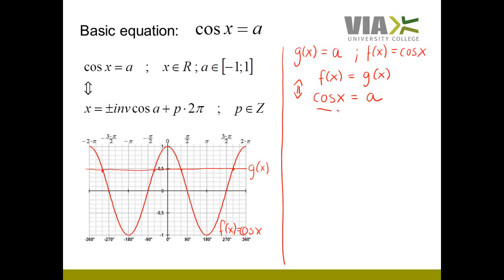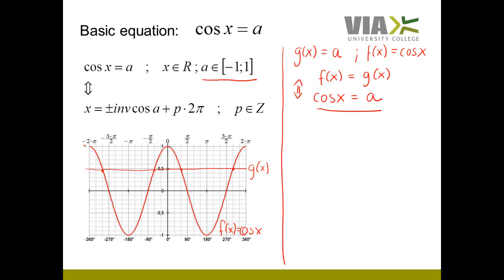If we can solve this equation here, we will exactly get the points of intersection between f(x) equals cosine x and g(x) equals a. And that's why we have this restriction to a here, that a has to be in between -1 and 1, because if a is lower than -1 or greater than 1, then they will never intersect with f(x) equals cosine x, as you can see.